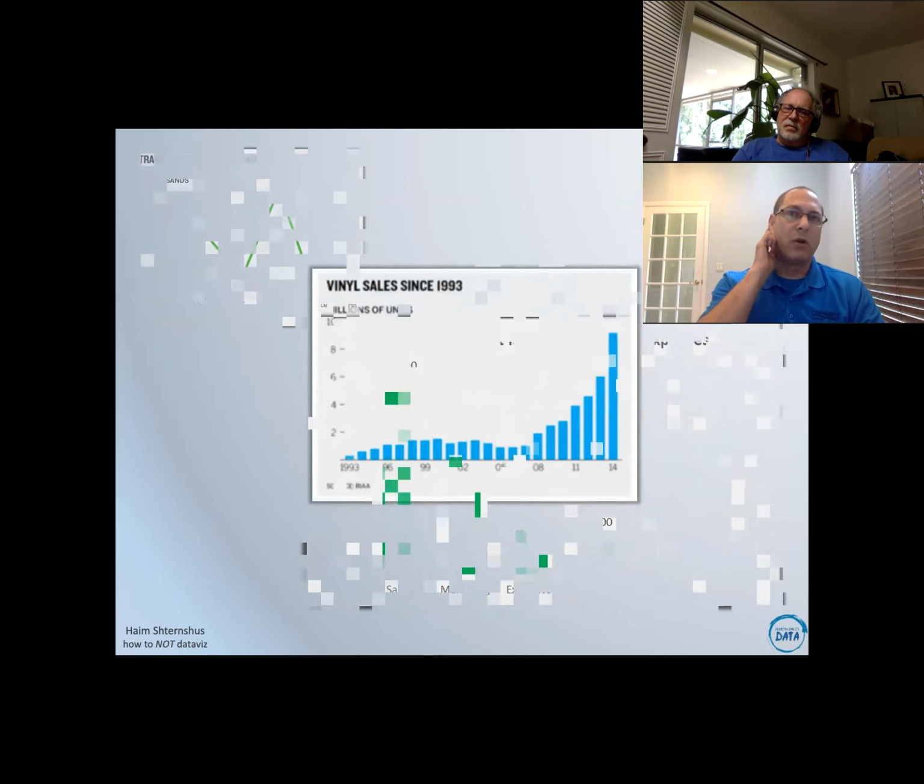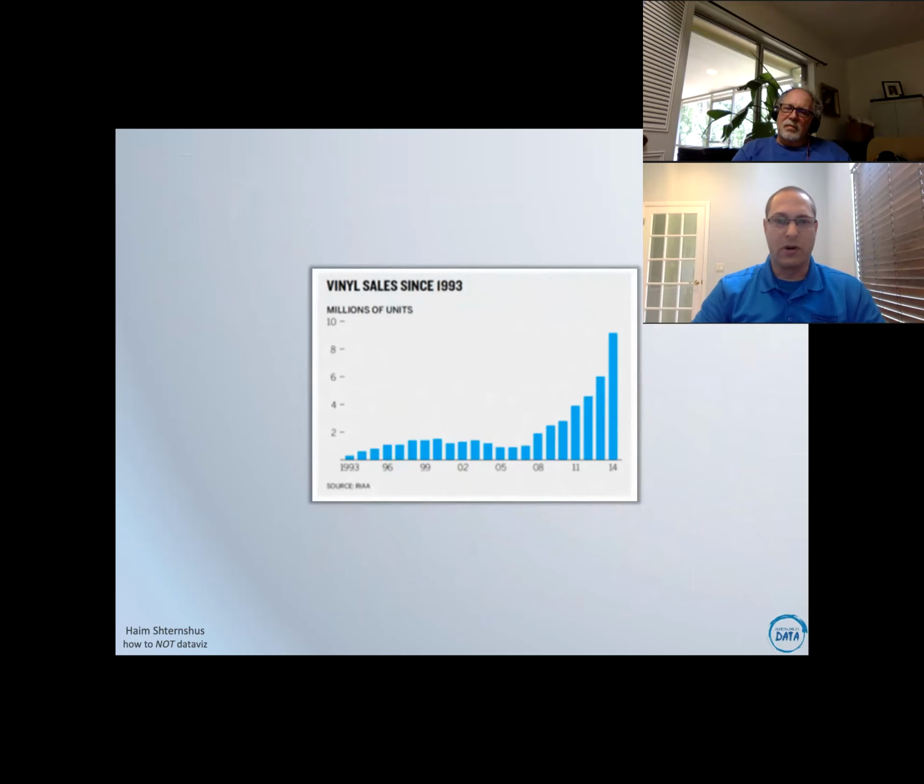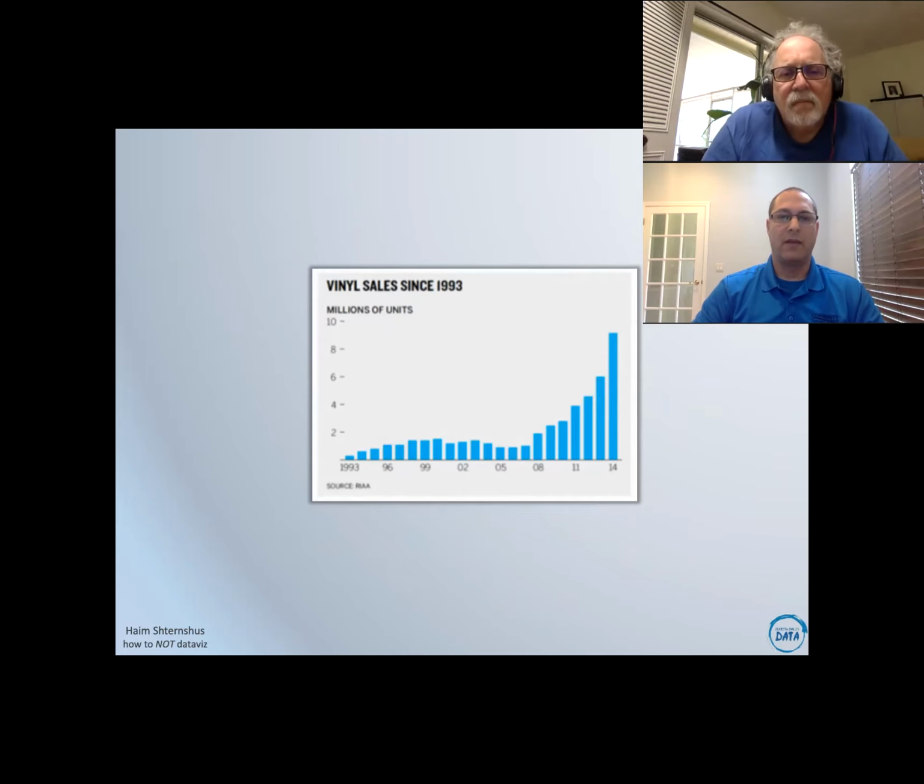Okay, so now we are all trained in looking for a horizontal axis and vertical axis, and I'm throwing you this chart here. And I'm going to introduce another issue that you will not be able to tell unless you're familiar with the data.